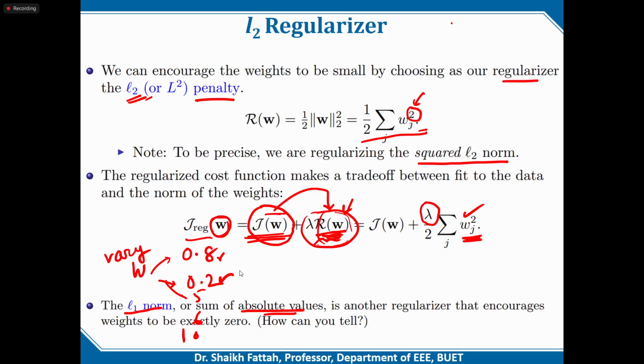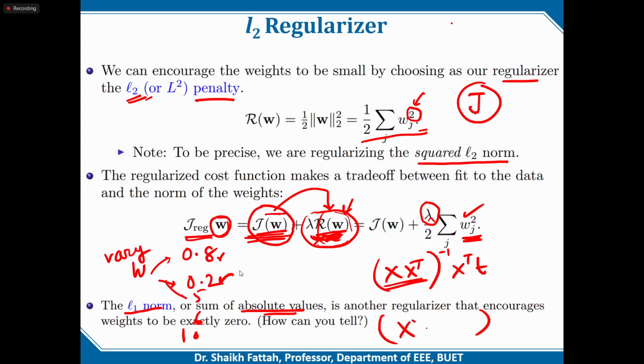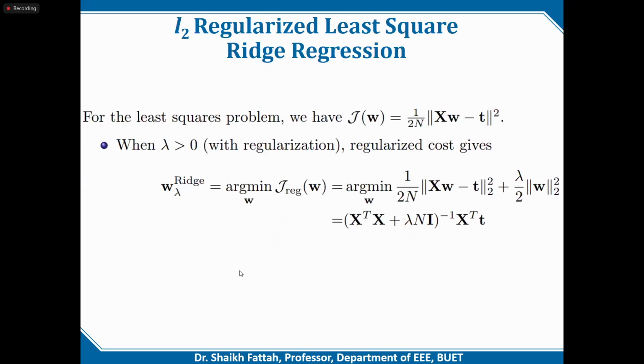Obviously, the least square solution you remember, which was minimizing this J, now it is not only J, it is J regularized, that means J plus something. So your X transpose X inverse, then X transpose T, that equation, this part will now have an additional term. That's a small change.